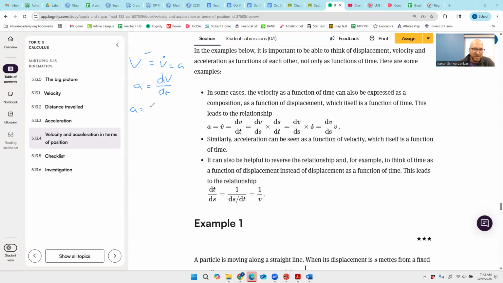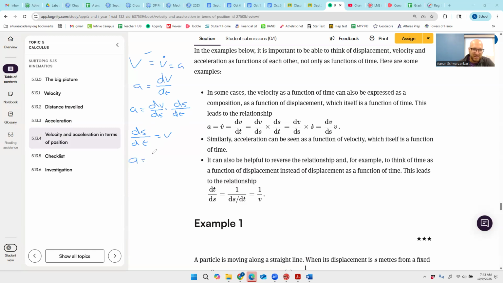However, sometimes we end up with dv ds, which means velocity relative to position. The acceleration is then dv ds times ds dt. Keep in mind ds dt is just v. So you have to keep track of what your variables actually mean.